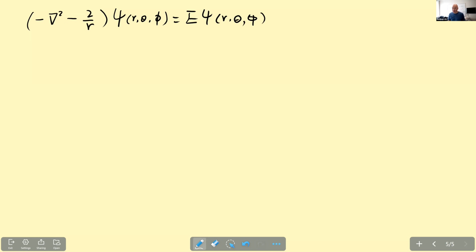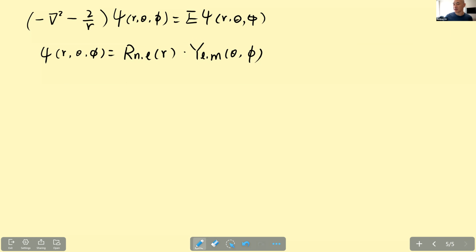Okay. Of course, this psi(r, theta, phi) can be written as the radial part times the spherical harmonics. Right. So that's what we have known. Okay. And then this one immediately obtains the Schrödinger equation for this radial part.